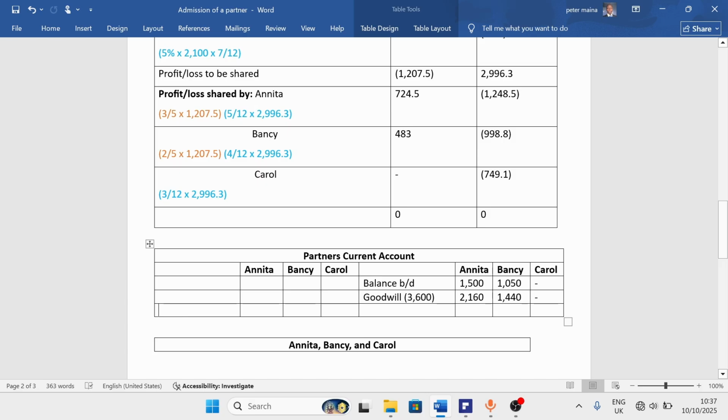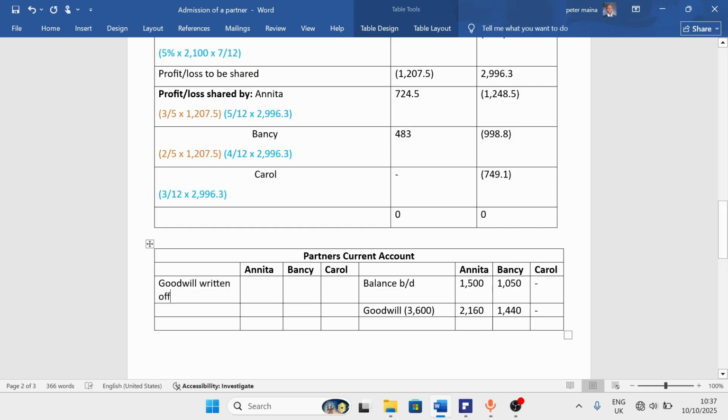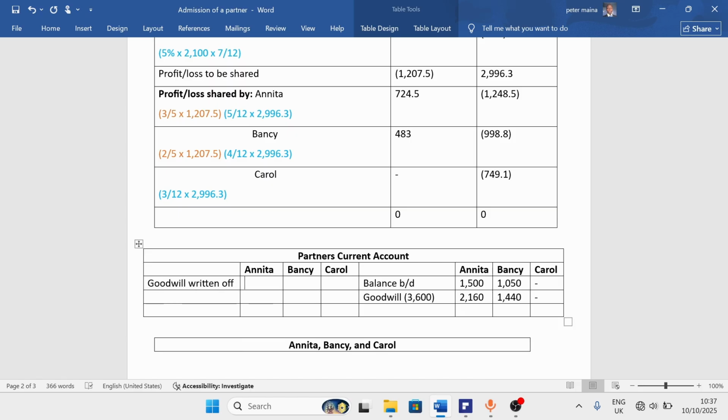But on the other side, which is the debit side, we are going to show goodwill written off. Now we are going to write it off using the new profit sharing ratio. So for Anita, it is the same ratio we have used to share the profits in the last 7 months. So Anita is going to take 5 divided by 12 multiplied by the goodwill, which is 3600.